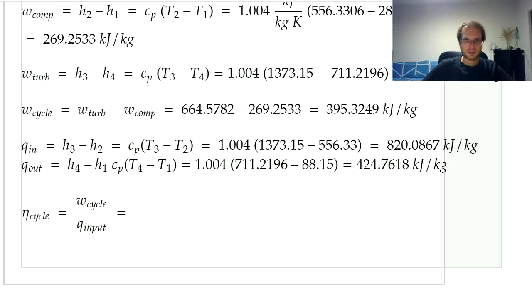Well, the work of the cycle is in here 395 kilojoules per kilogram, and the heat input is 820 kilojoules per kilogram.